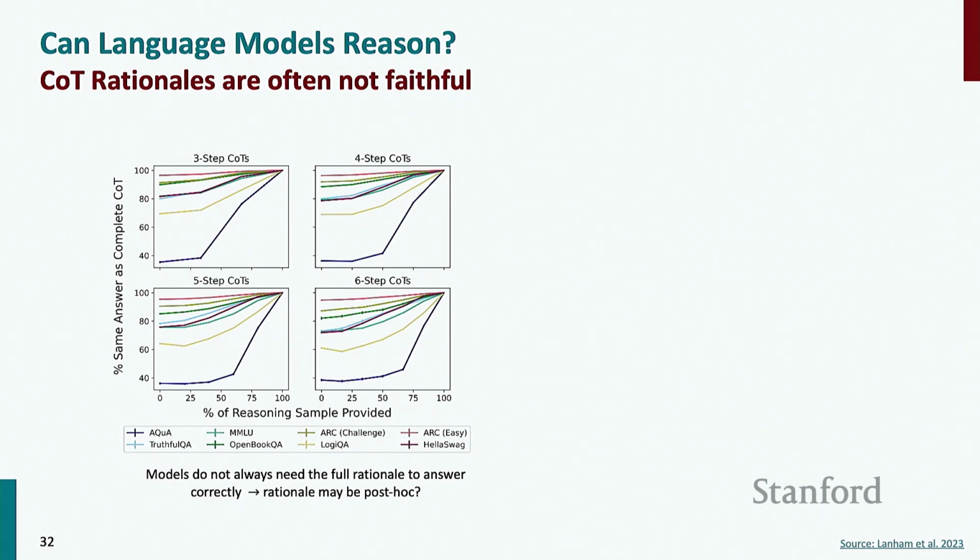So the results here are somewhat mixed, but we see that there are enough data sets where it doesn't matter if the model sees the full rationale before answering or if you early exit. You kind of get the same answer, which means that sometimes these rationales may be post hoc explanations of the model's answer.